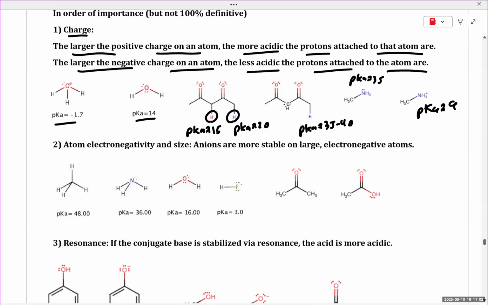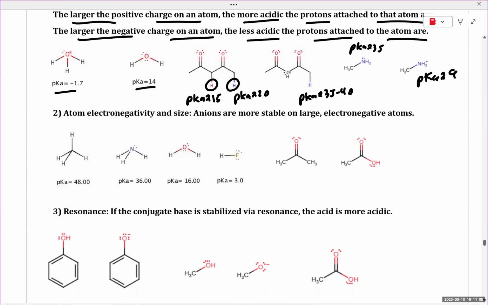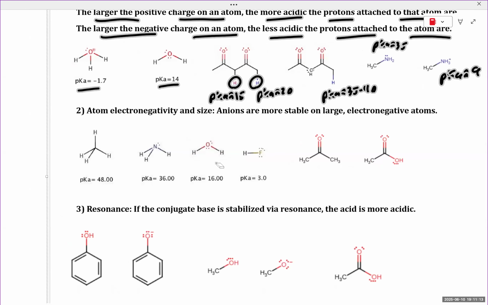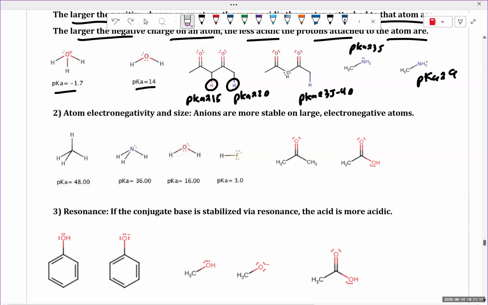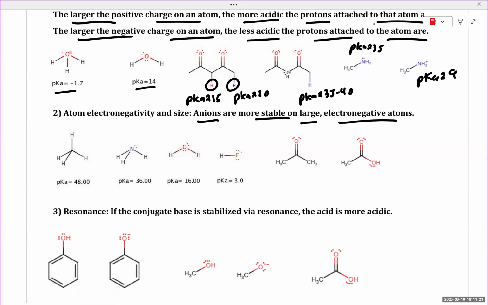The next effect that we discussed is this idea of atom electronegativity and size. When we think about an anion, anions are more stable on large electronegative atoms.